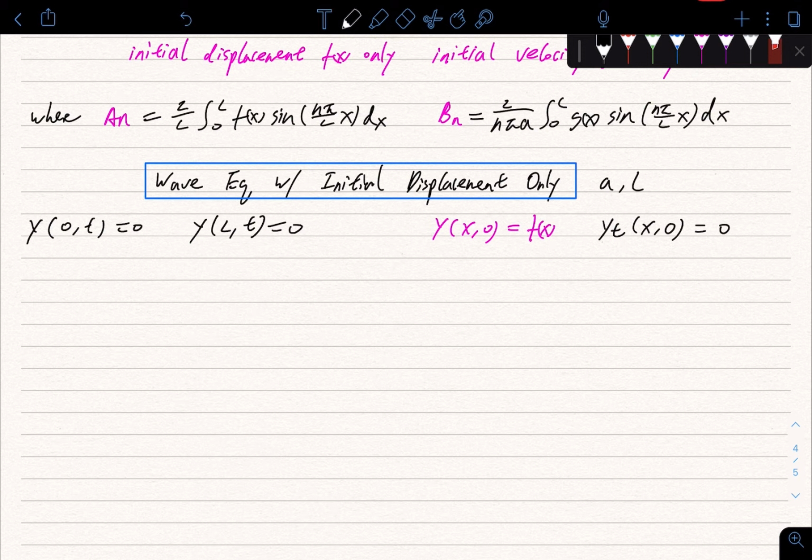So the first condition is that x of 0 equals 0, similar to what we did in our heat equation. So this gives us c1 equals 0.